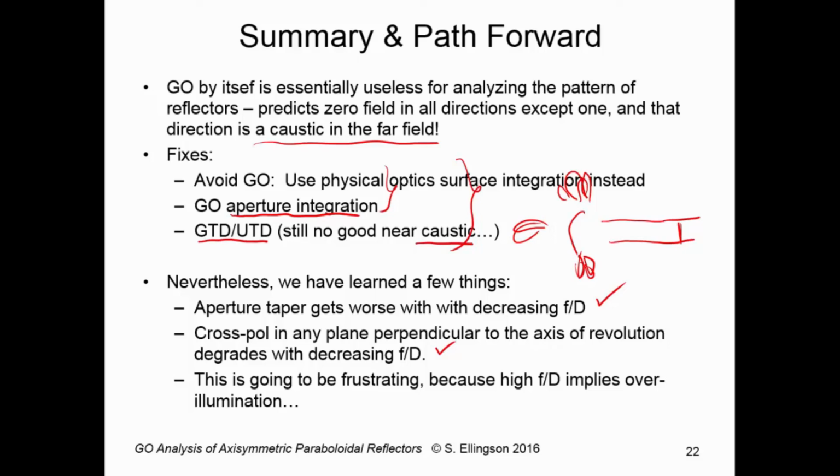And furthermore, we've now realized that this is going to be frustrating for designing reflectors, because high f over d, which appears to be what we want in terms of these two issues, also implies over-illumination or wasted power or low radiation efficiency, however you want to characterize that. So we've started to identify some of the trade-offs in reflector design.